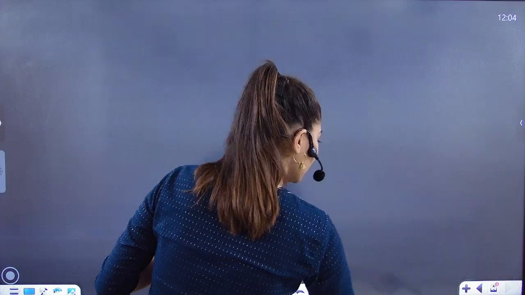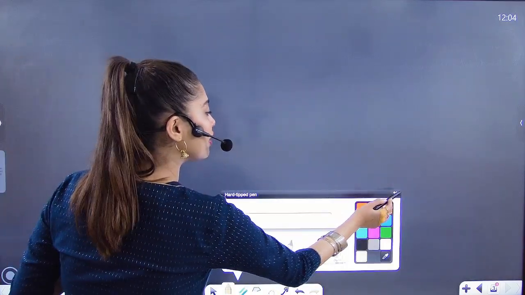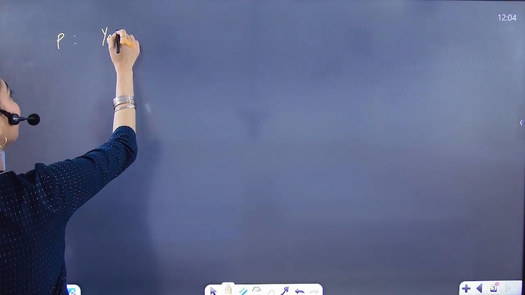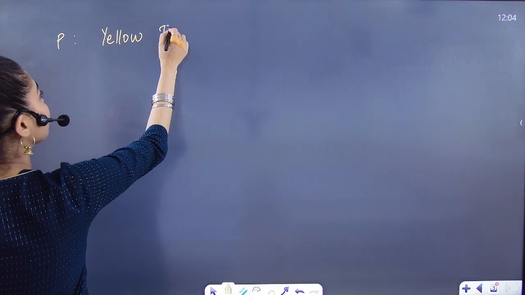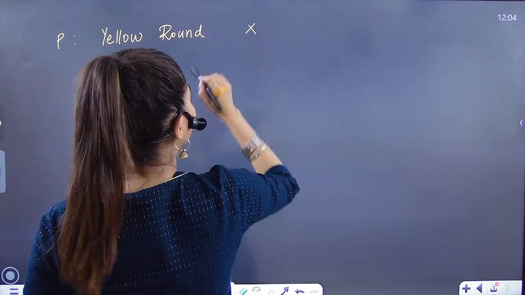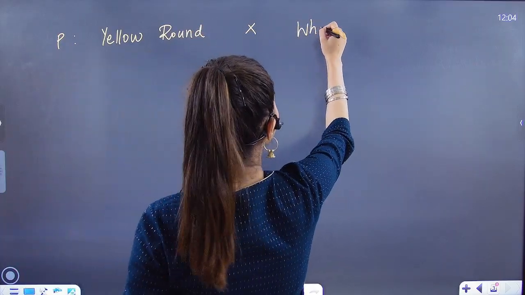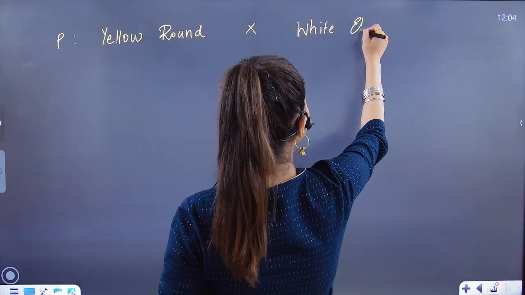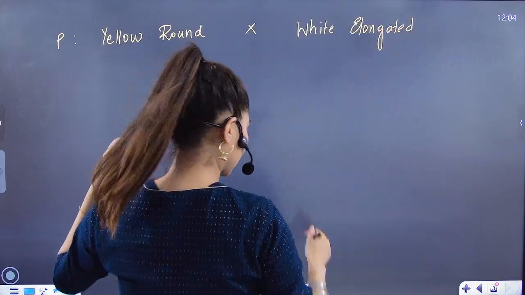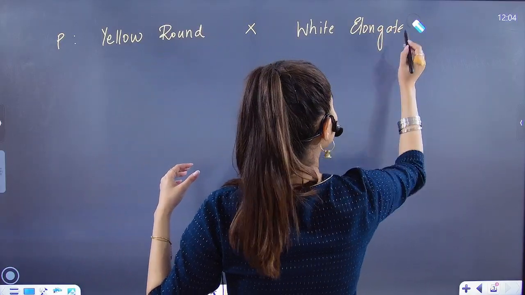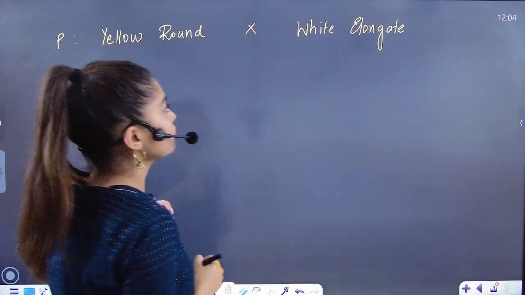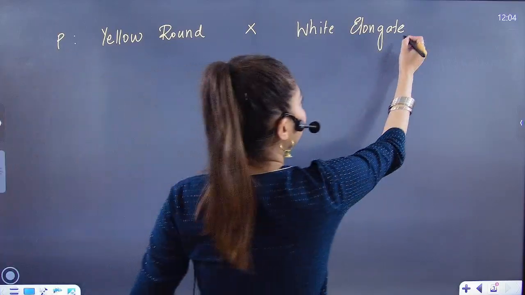In the P generation, we have yellow round, crossing it with white elongated.